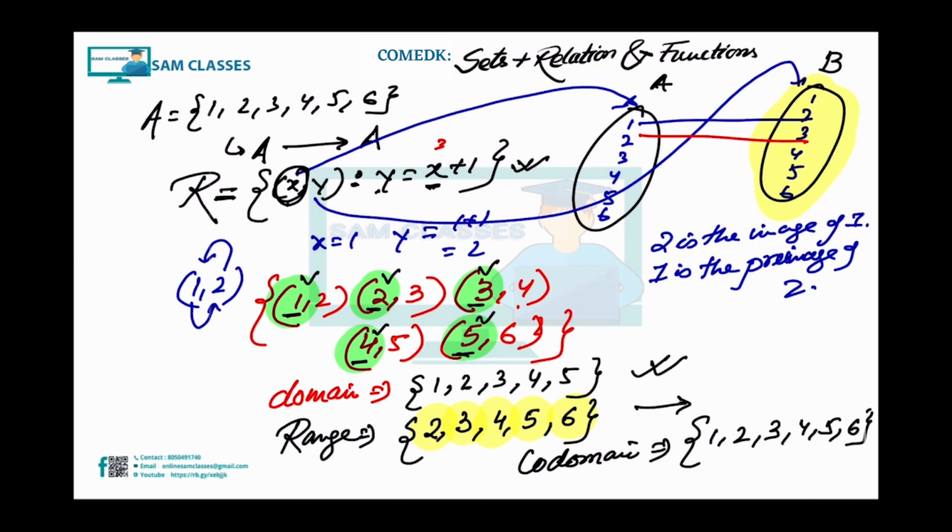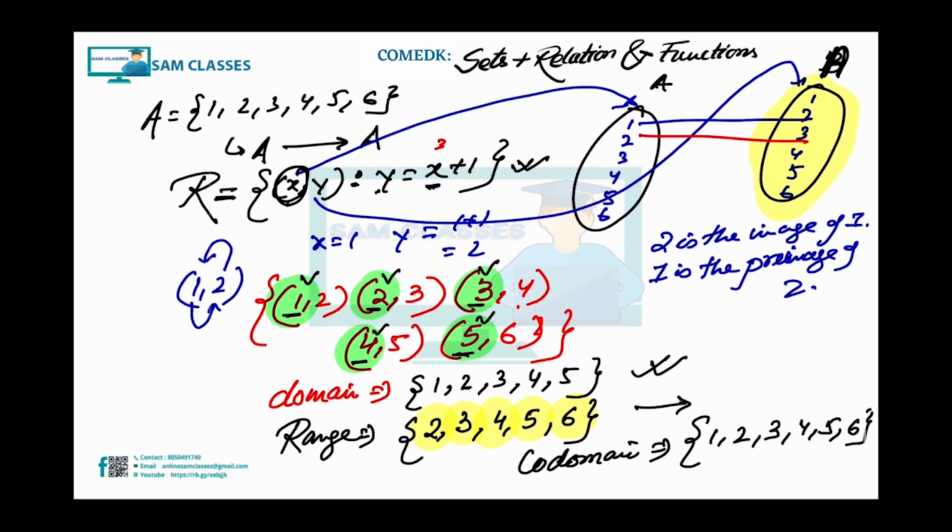What is the range? They gave the relation. In this relation they first gave two sets A and B. Oh, sorry, one second, student. They gave both the sets as A and A only. They gave us two non-empty sets A and A, and said that the relation is defined by this condition: (x, y) such that y is equal to x plus 1.